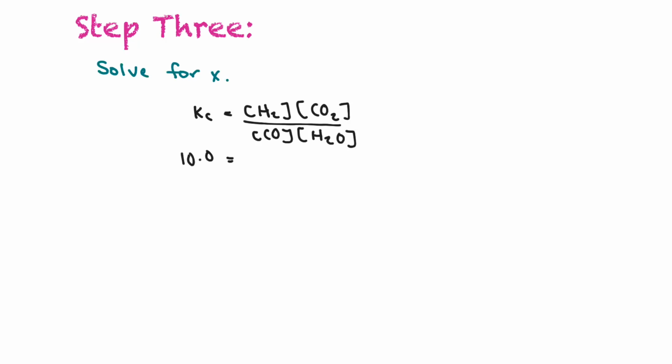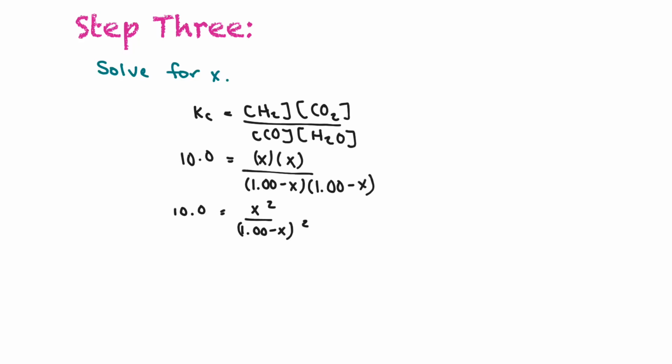That's equal to x times x over 1.00 minus x times 1.00 minus x. So the next thing we can do is condense that a bit, so simplify. That's going to be equal to x squared over 1.00 minus x squared.